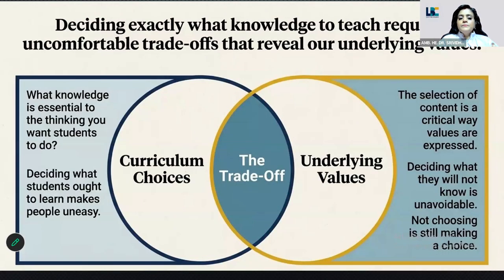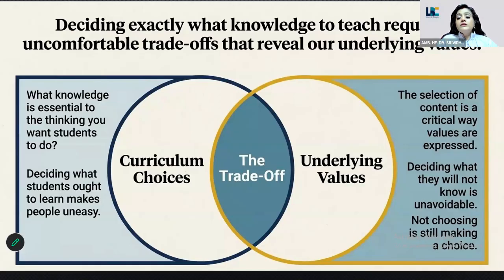That is, deciding exactly what knowledge to teach requires uncomfortable trade-offs that reveal our underlying values. What knowledge is essential, what you want your students to do, deciding on what students ought to learn makes people uneasy, and selection of the content is a critical way the values are expressed.